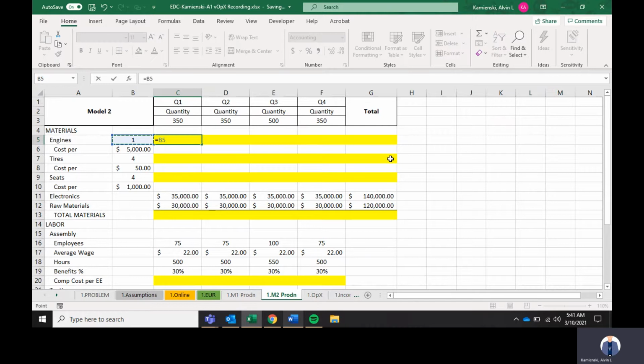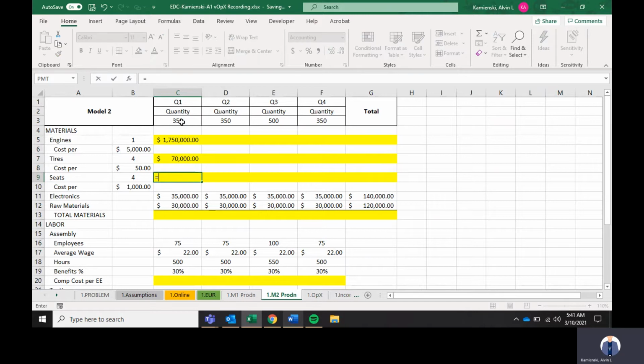Ready? I've got 1 engine per car, doesn't change, $5,000 per engine, doesn't change, multiplied by the 350. I have 4 tires per car, doesn't change, multiplied by $50 per tire, doesn't change, multiplied by the 350 in Q1, which will change.